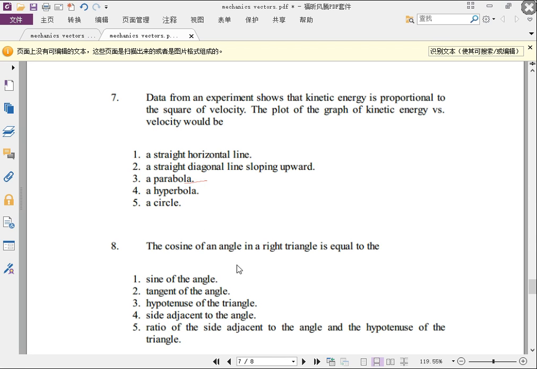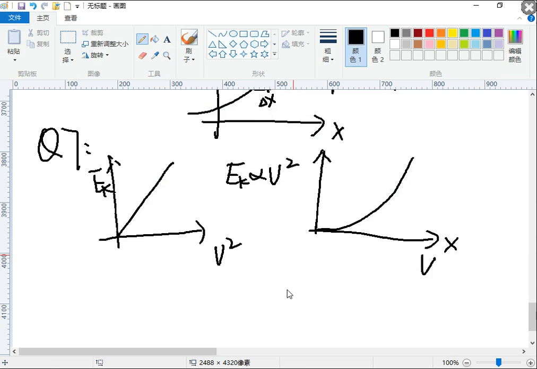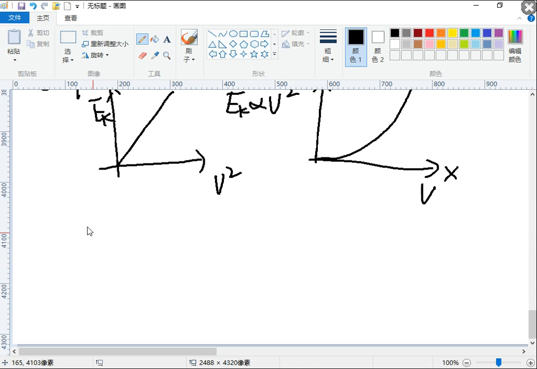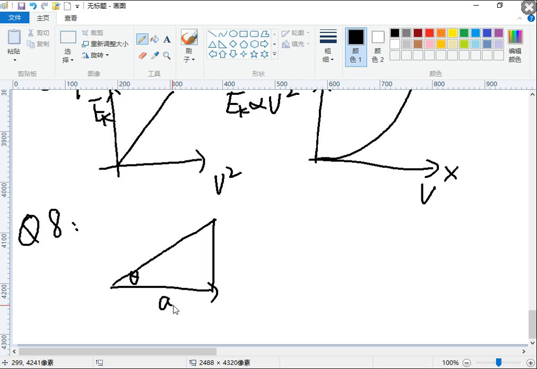The cosine of an angle in a right triangle is equal to. So the definition of cosine, which is not a problem for most, but for several students, this is still a problem. Okay, in a triangle, the cosine is defined as the adjacent over the hypotenuse.